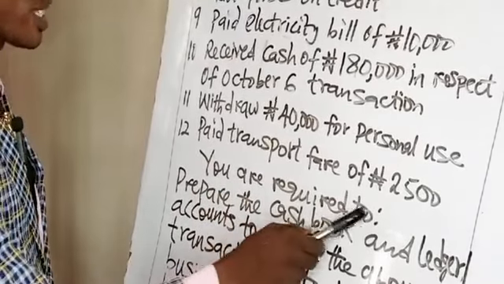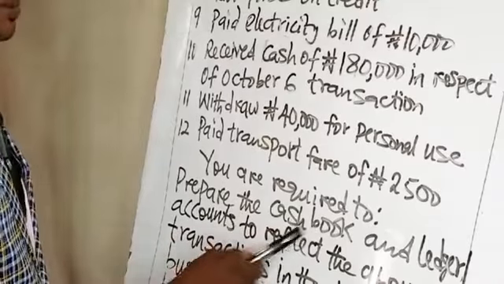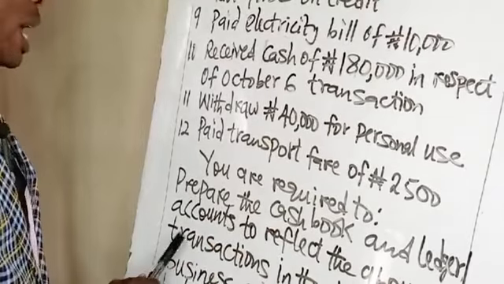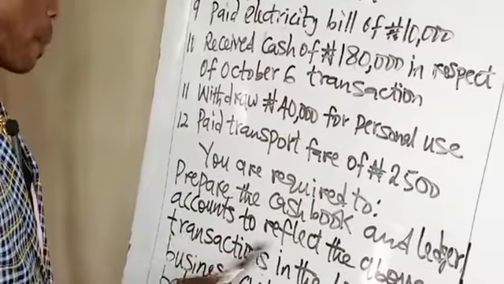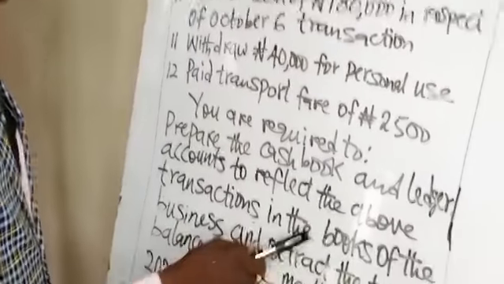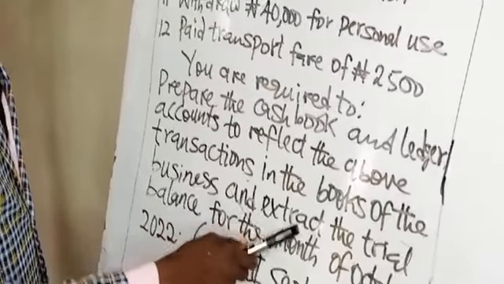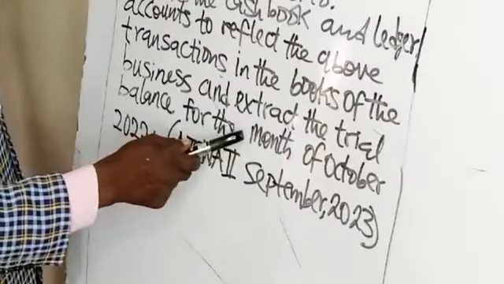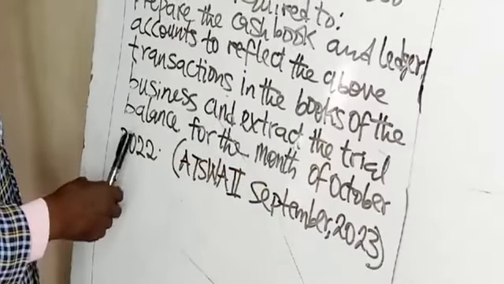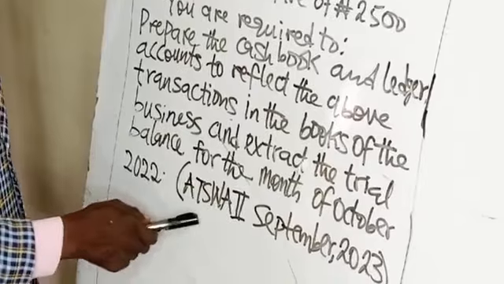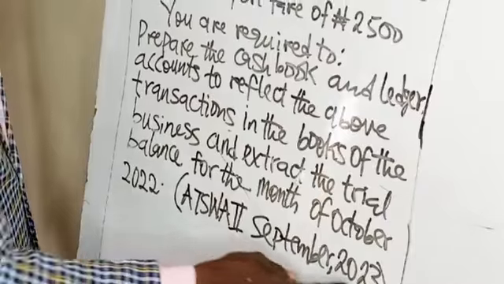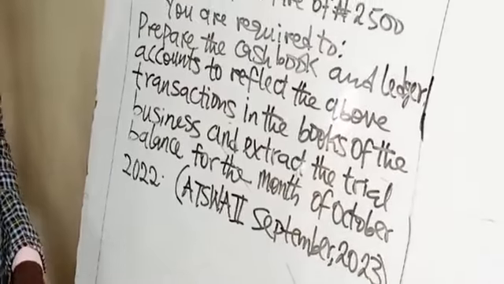You are required to prepare the cash book and the ledger accounts to reflect the above transactions in the books of the business and extract the trial balance for the month of October 2022. This is an ATS 2 September 2023 question. Solution.